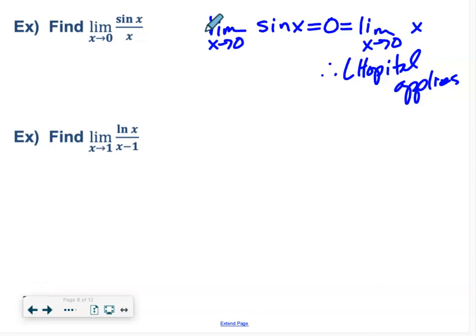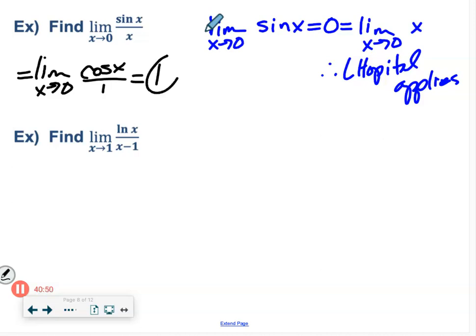All right. So now we do the L'Hopital. What's the derivative of sine? Cosine. What's the derivative of x? 1. What's the cosine of 0? 1. So this limit is 1. Very nice, right? Not bad.